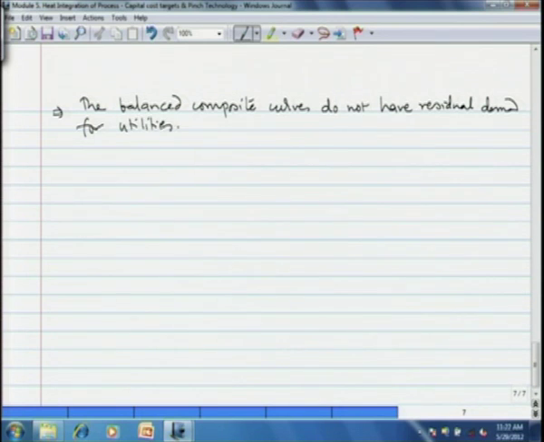I am showing you here a typical example.